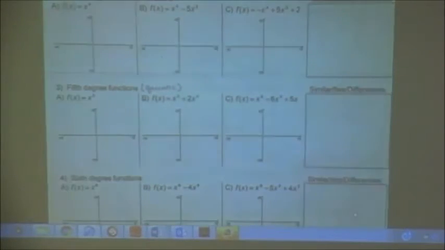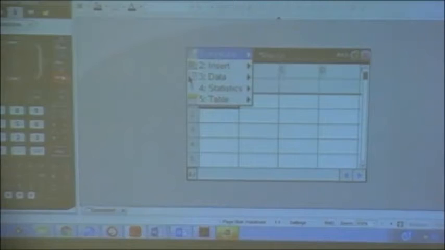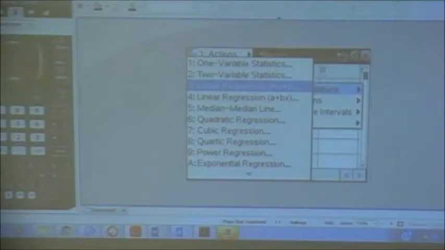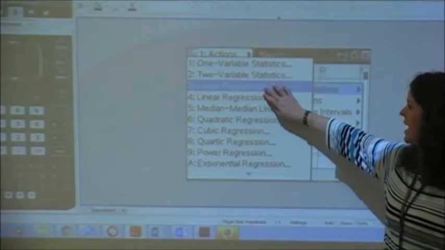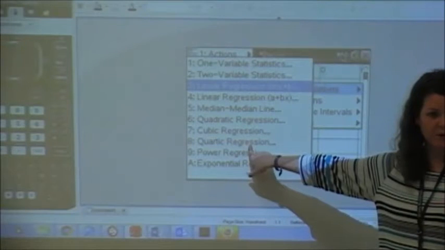And actually, if you look on your calculator, if we were to put data in our calculator, I don't know if it'll let me show you or not, but we'll see. Yeah, if you look here, my calculator has the ability to not only do linear regressions like we were doing the other day, but it can do quadratic, cubic, and quartic regressions as well.